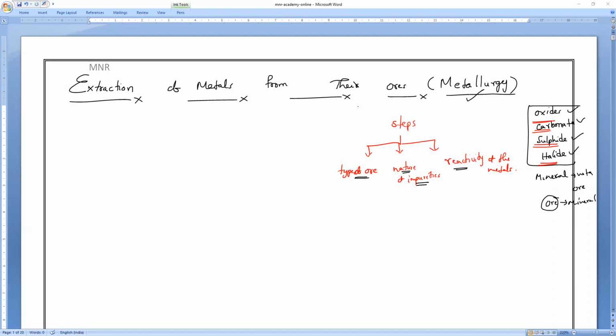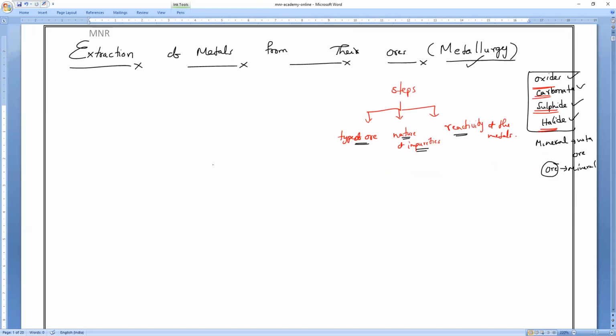Okay, all of you understand? So now let us see what steps we will follow. The various metallurgical steps for any kind of metal extraction are these. The first thing is concentration of the ore. Concentration of the ore means removal of impurities, based upon the physical appearance.